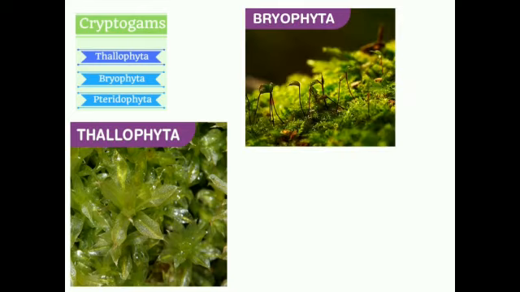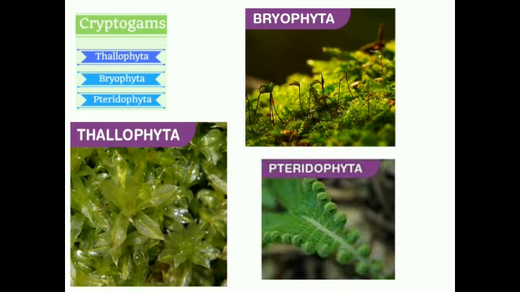Bryophyta are more complex than the plants of Thallophyta, and true roots and stems are absent. Pteridophyta are the most complex cryptogams. In these plants, the body is differentiated into complete root, stem and leaves.